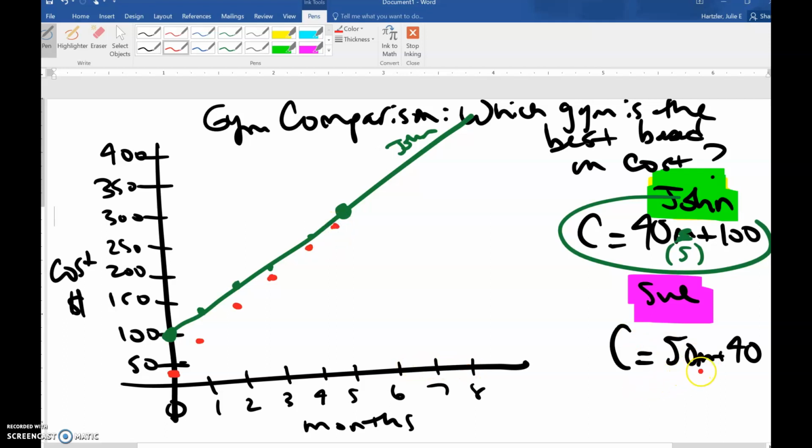And 6, I get 340. 7 is 390. 8 would be 400 plus 40, 440. Okay, so kind of up here.